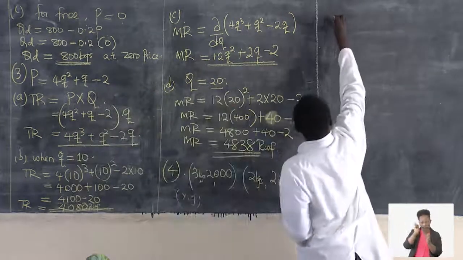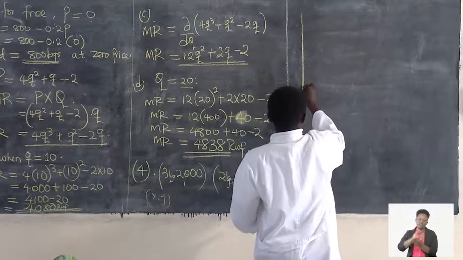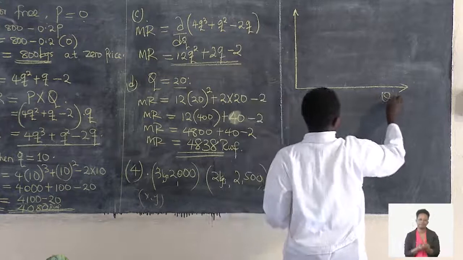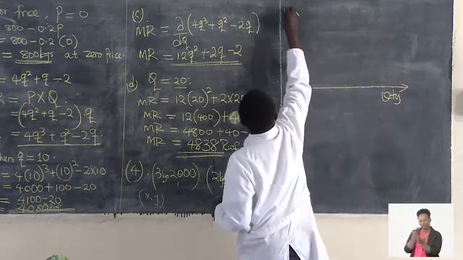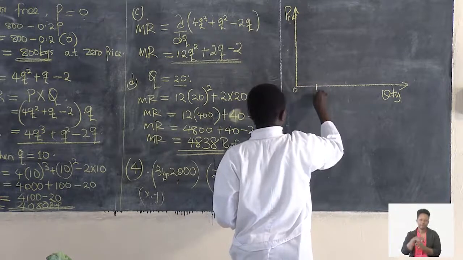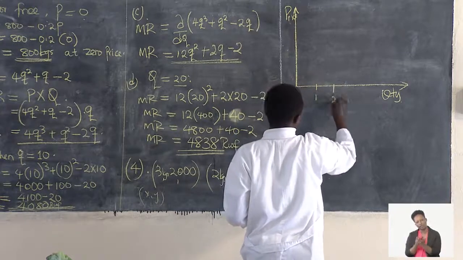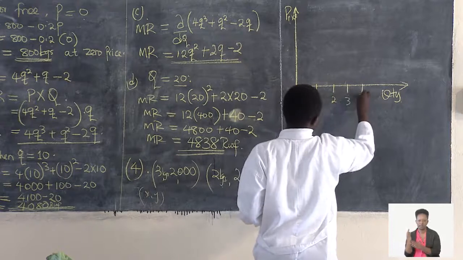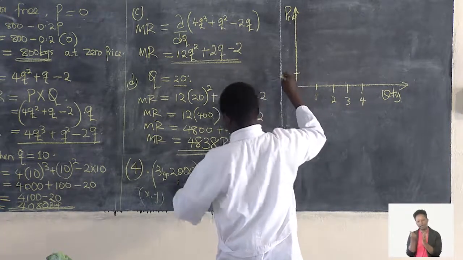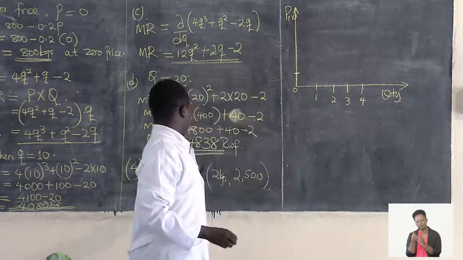So make a simple sketch. Here we put the quantity demanded, maybe 1, 2, 3, 4. Then for the price, we can look for a suitable scale.